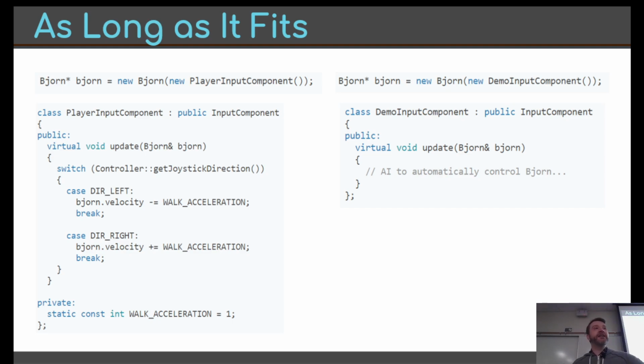So instead of Bjorn being controlled by the player, we could even hot swap Bjorn to be controlled by some script or some AI method or some network stream. What do you think this would be handy for, a player character like Bjorn having his movement swapped out from player controlled to something else controlled?